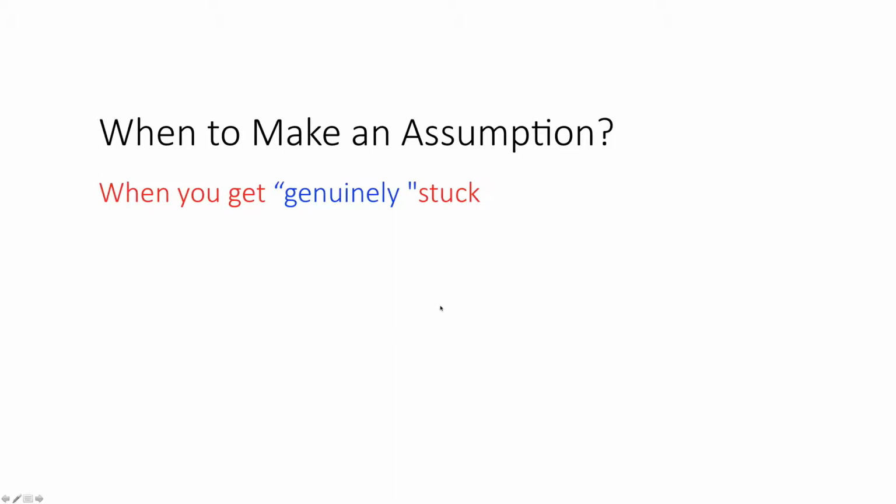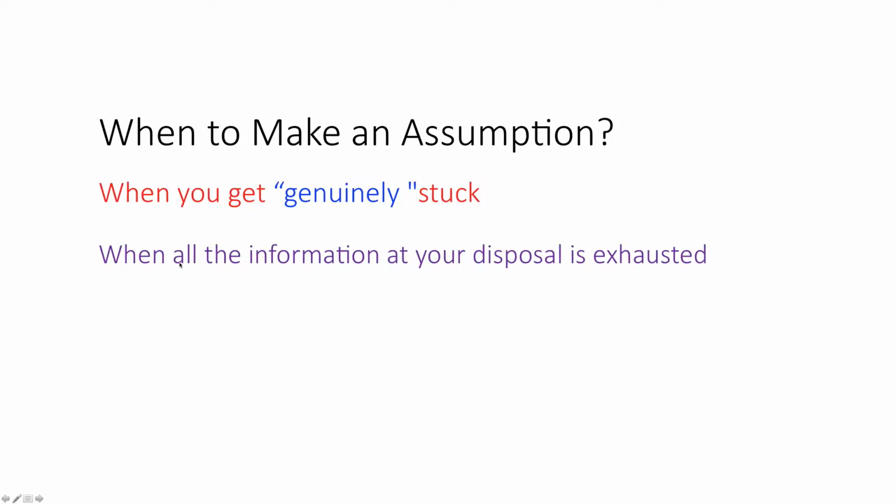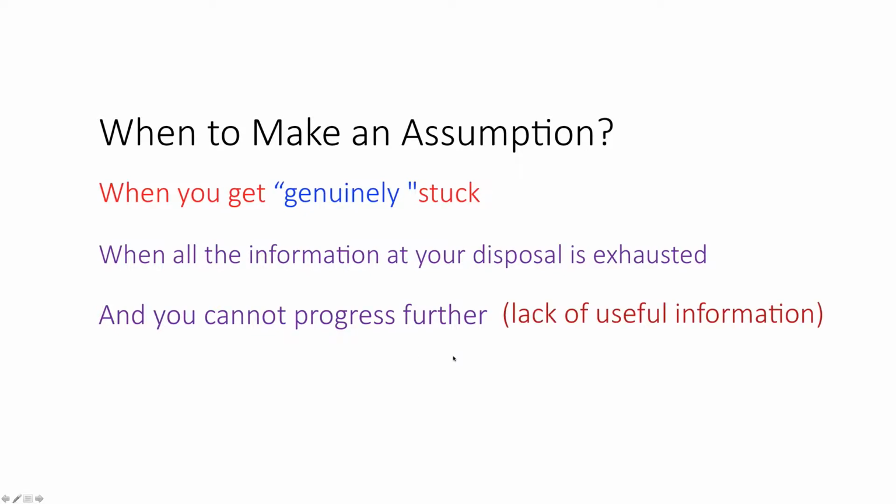When all the information which is available at your disposal has been exhausted, you're genuinely lacking any additional information, that is the time when you have to make the assumption. Because your progress is stuck because all the information available is exhausted, and there's no additional information which can allow you to take the next steps. That is the point wherein you have to make the assumption in your generic approach to problem solving.